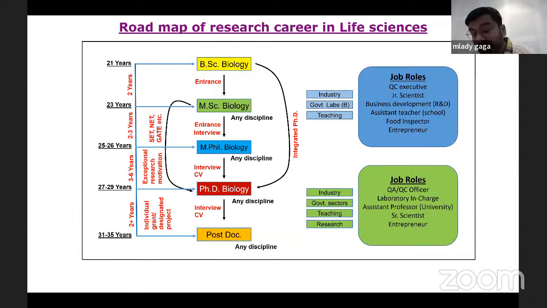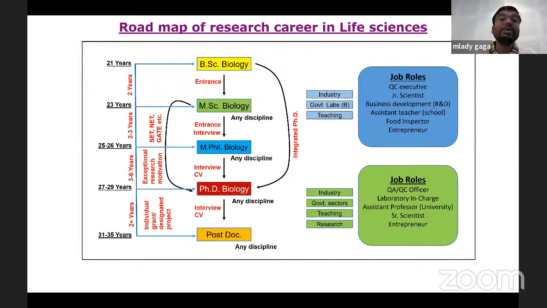But remember, this is the perfect time to ask yourself whether you are really interested in research, because this is a very important question. If after masters you do a PhD, do a postdoc, and then say, okay, I think it will be better for me to go to industry, it's not very easy.